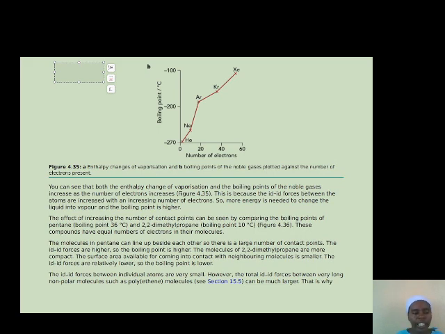These compounds have the same number of electrons because they are almost similar. Pentane has a higher number of contact points, and therefore its instantaneous dipole induced dipole forces are stronger than those in 2,2-dimethylpropane, because of the increased contact between two neighboring pentane molecules.